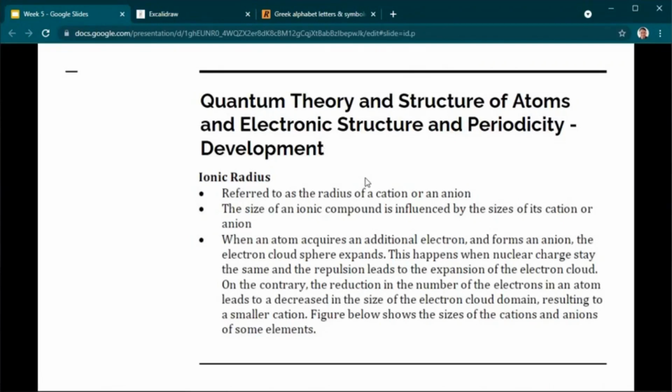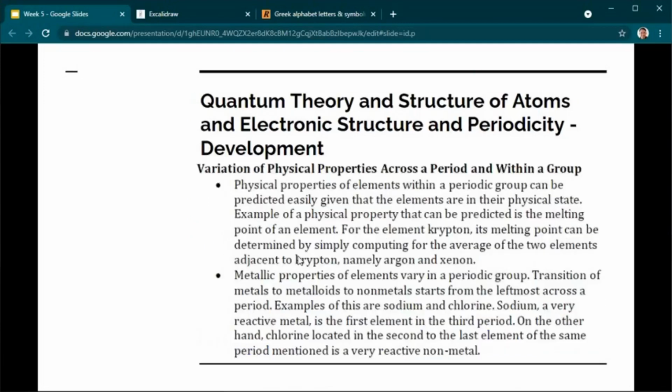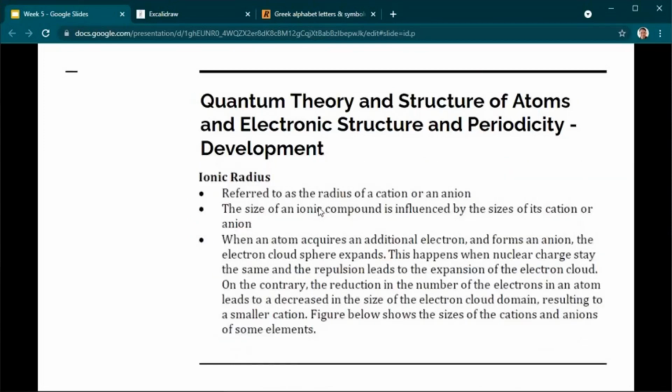The radius of the atom changes usually after it donates or accepts an electron. Okay, so this one. Then next. So that's it for our ionic radius.